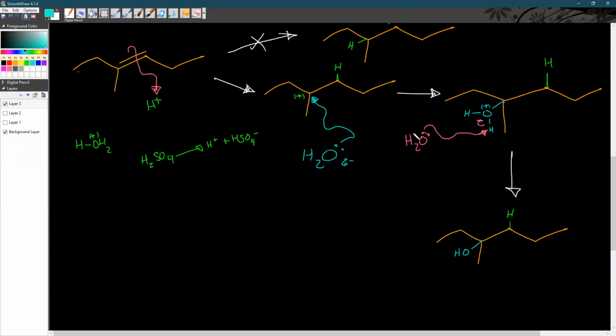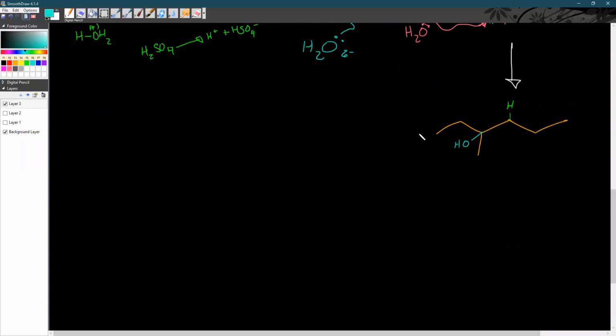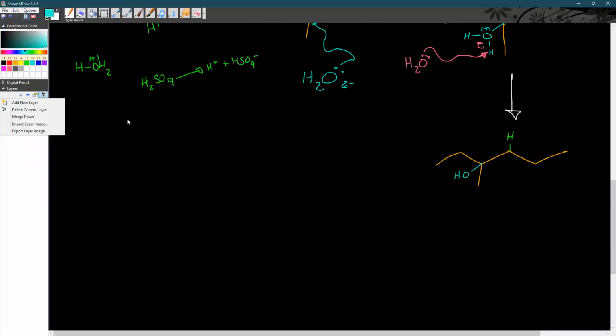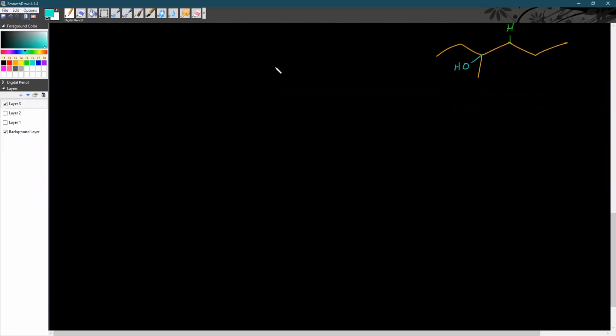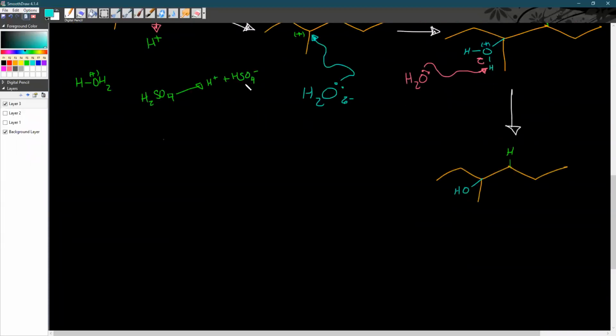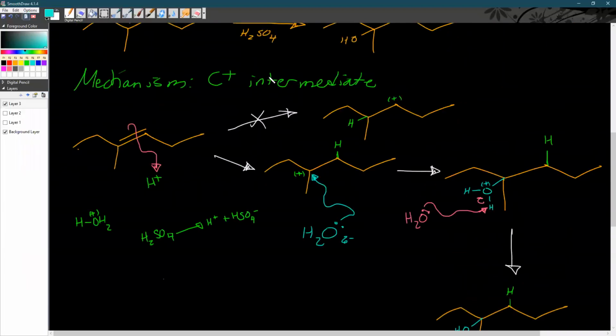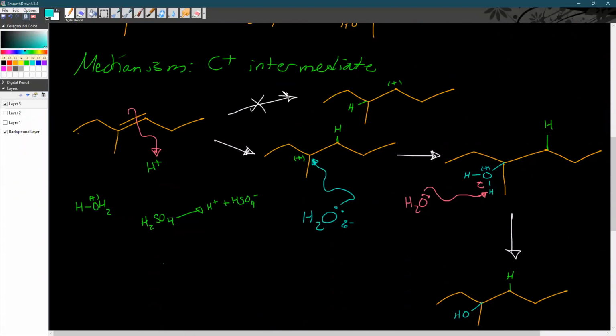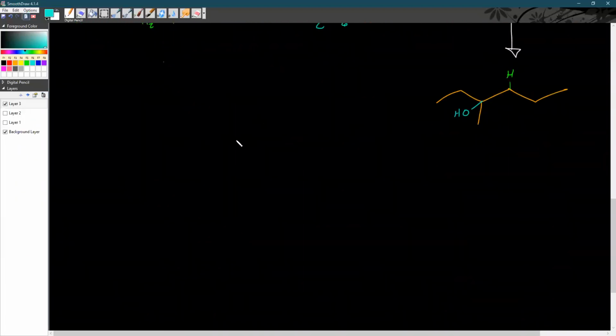Let's take a look at a quick variation on this. Sometimes this is described as another reaction, but what I want to tell you is that it's really the same thing. Don't get confused. The reaction is called acid catalyzed alkoxylation.